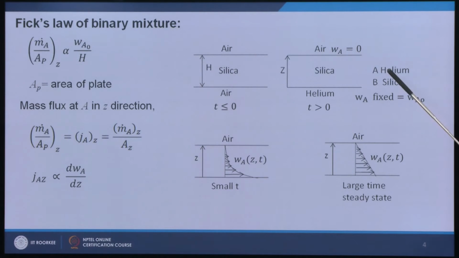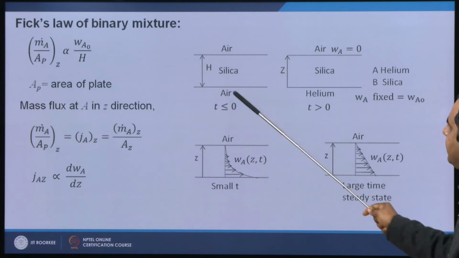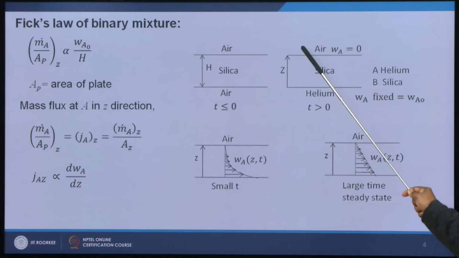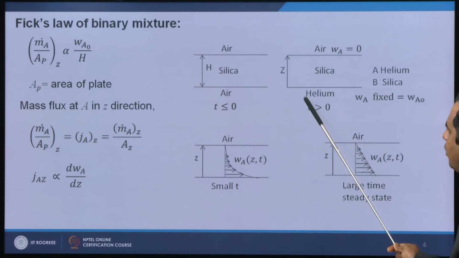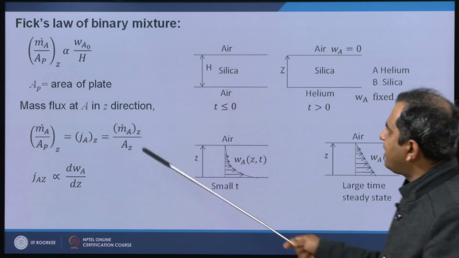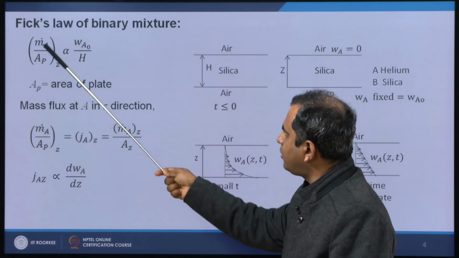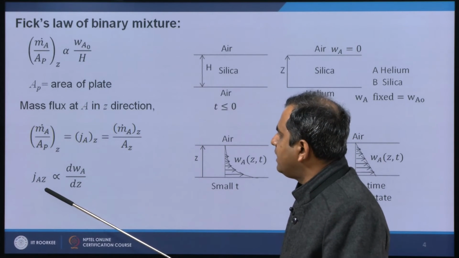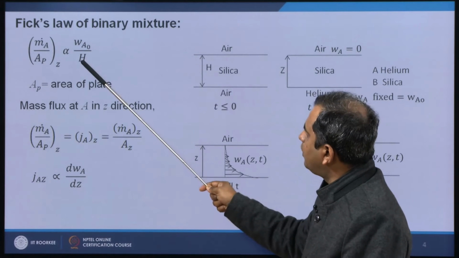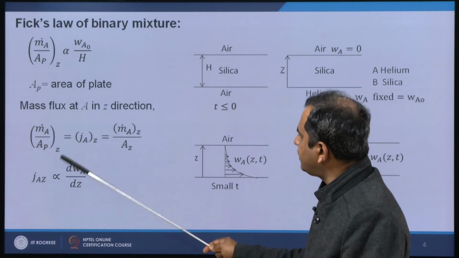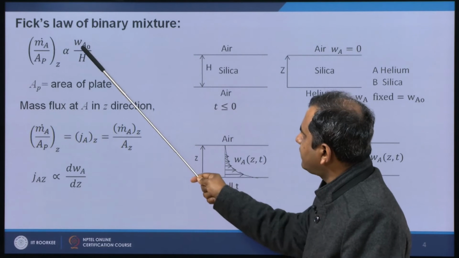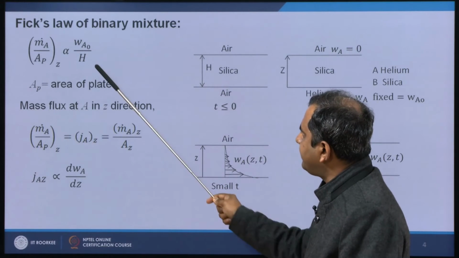So, we can write this W A naught as dWA, the change of concentration between the layers, and this H can be written as dZ, the change in location in the Z direction. So, we have written J A Z, which is m dot A by AP, as proportional to dWA, coming from here, and dZ, coming from H.